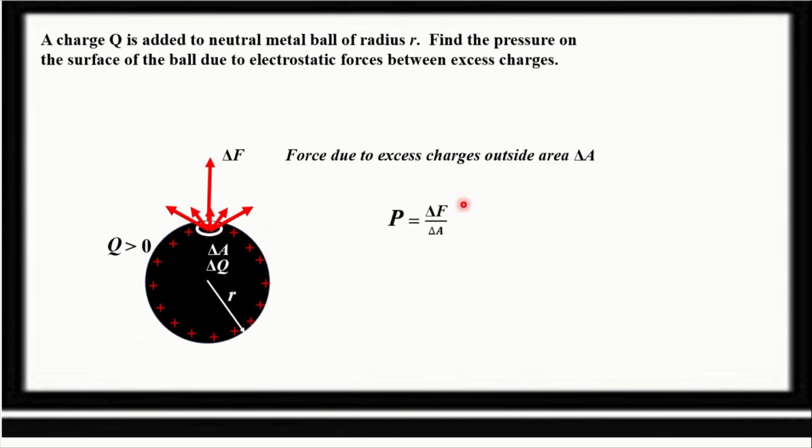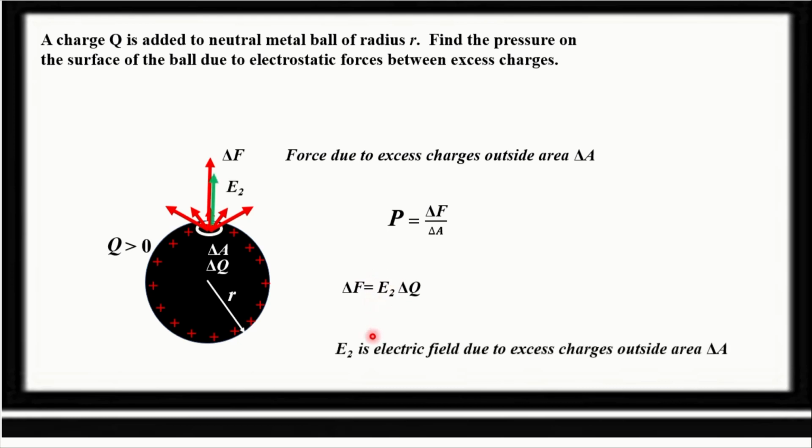From the definition, pressure is the ratio of force over area. And now, for simplicity, we replace the magnitude of these forces using the concept of electric field. So if we consider the electric field E2 due to excess charges outside area delta A, then the force delta F is equal to the product E2 times delta Q.